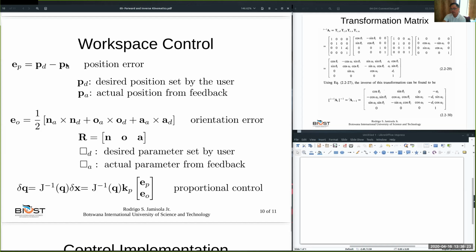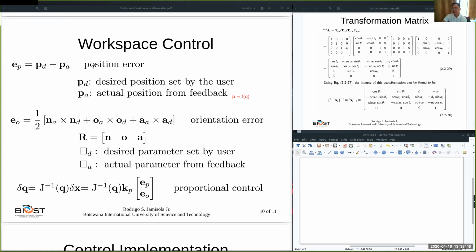This actual position can be computed from the forward kinematics. So P is computed from the forward kinematics. P is equal to F of Q, which is part of the X. So that's the feedback, and then you compute your error P, the position error.